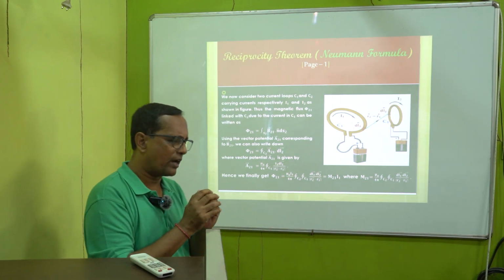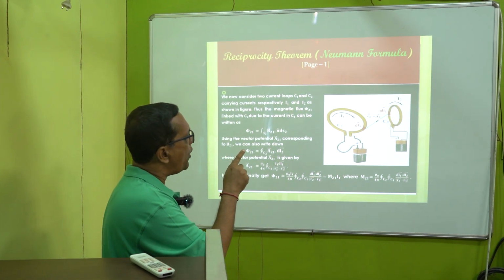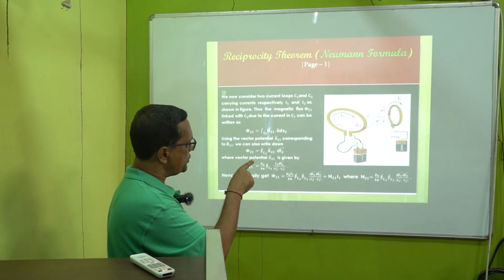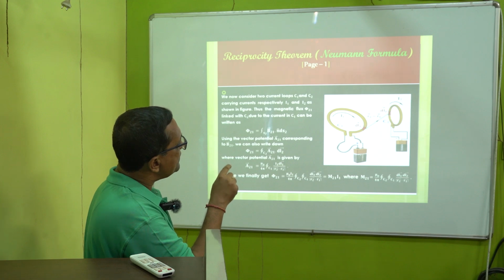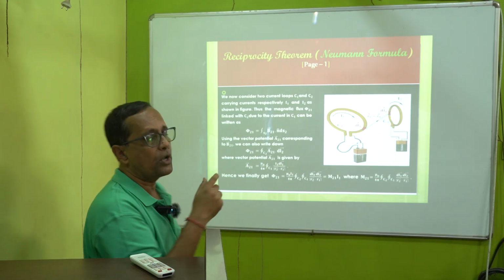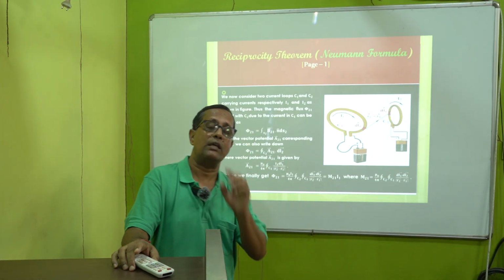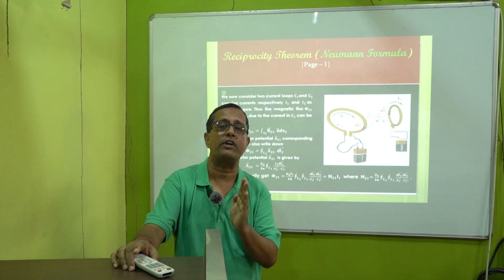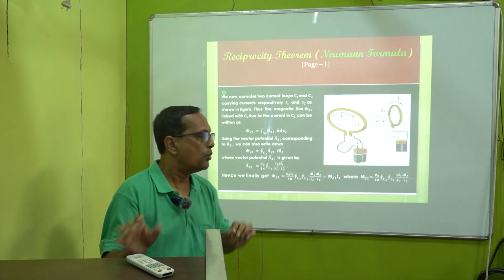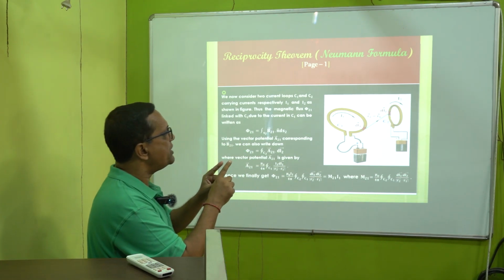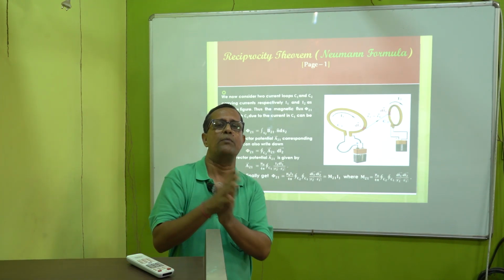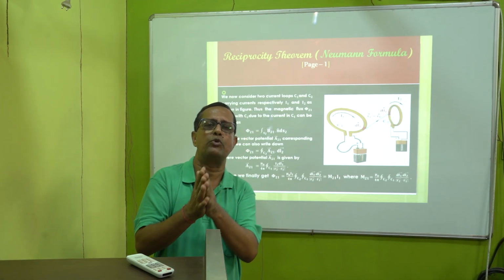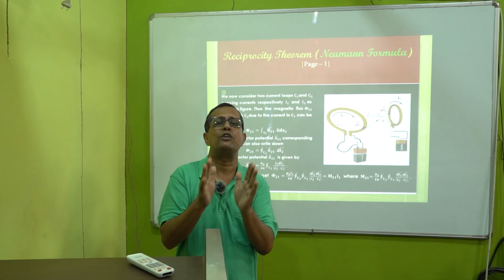But if we consider that the mutual inductance of coil C2 with respect to C1 is M12, and the mutual inductance of coil C1 with respect to C2 is M21, then eventually M12 is equal to M21 is equal to M. So we can say M is the mutual inductance between two coils. We cannot say M12 or M21, because M12 and M21 are all equal and they are equal to M.